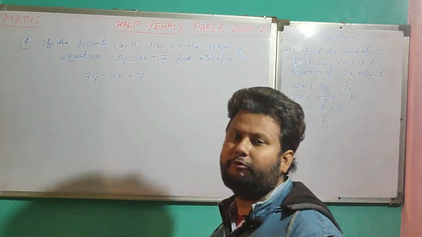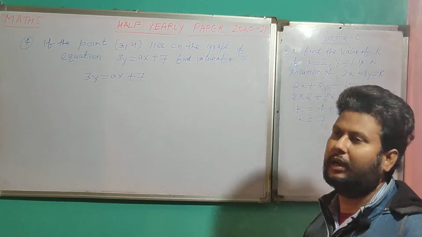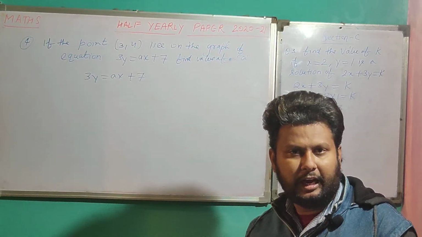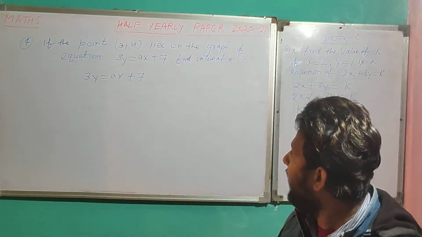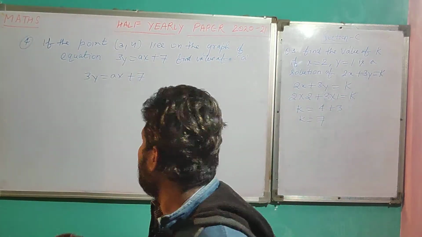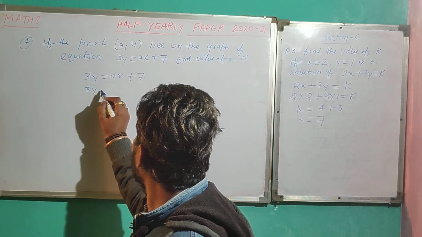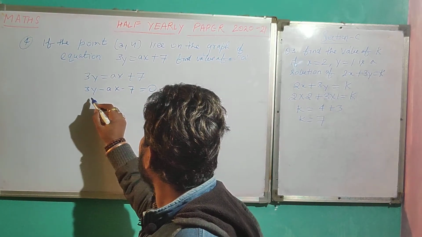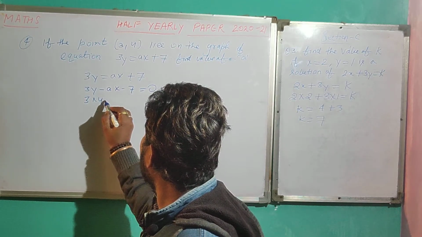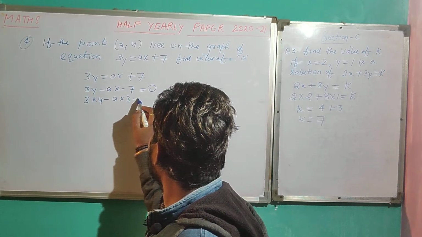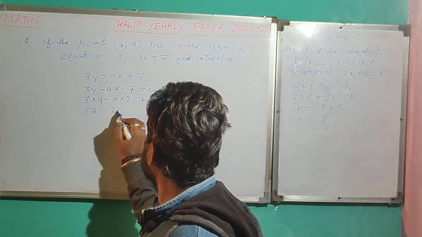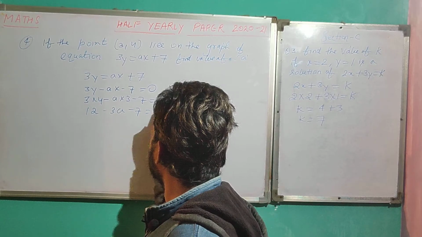The point 3, 4 lies on this equation. Therefore, we will put the point 3, 4 in this equation and equate it equal to 0. Therefore, 3y minus ax minus 7 is equal to 0. 3 times the value of y is 4, minus a times the value of x is 3, minus 7 is equal to 0. 3 4s are 12 minus 3a minus 7 is equal to 0.